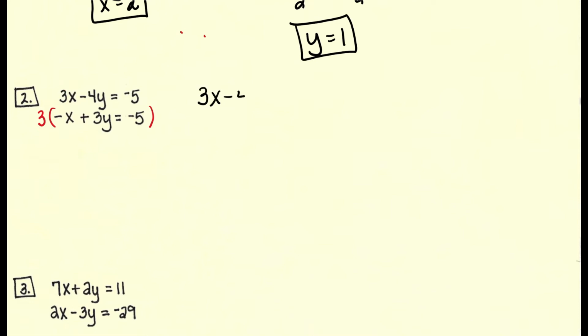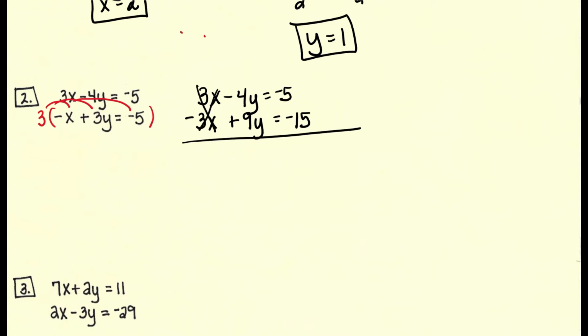So take the top equation and bring it over just like you see it. On the bottom equation, we're going to distribute that 3 to everyone. That gives us negative 3x plus 9y is equal to negative 15. The x's are going to cancel just like we wanted, and that gives me 5y is equal to negative 20.